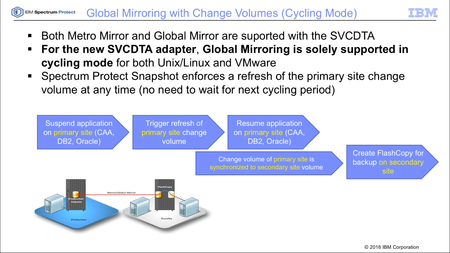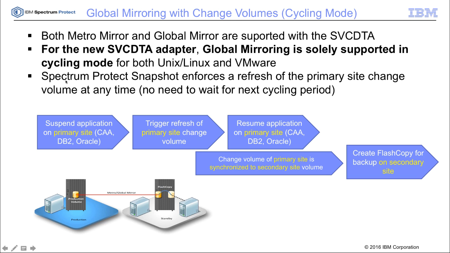So some additional details on the use of the SVC DTA with both Metro and Global Mirror. As you can see from the slide, both are supported at version 8.1. But if you're going to use global mirroring, you will need to use cycling mode for both Spectrum Protect Snapshot for Unix, Linux, and Spectrum Protect Snapshot for VMware.